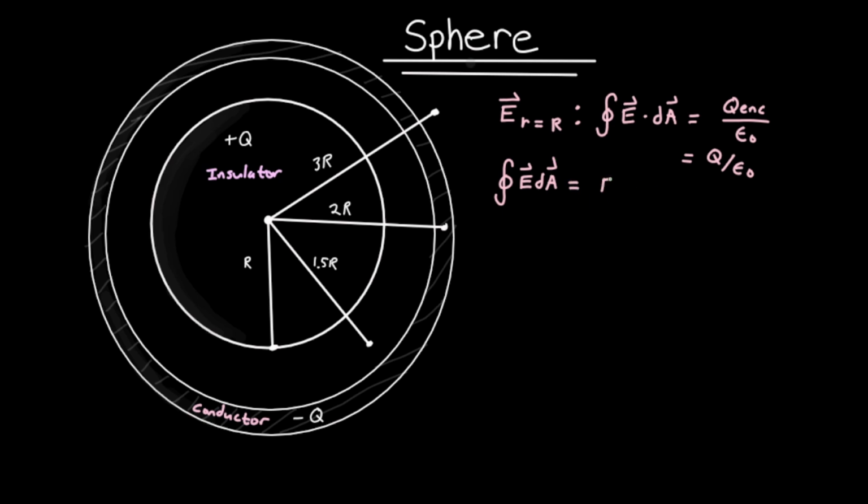And since E is not a function of A, we can pull E outside the integral and get E integral of dA, which equals E times A. Now that we have this, we can set E times A equal to the charge enclosed over epsilon naught.